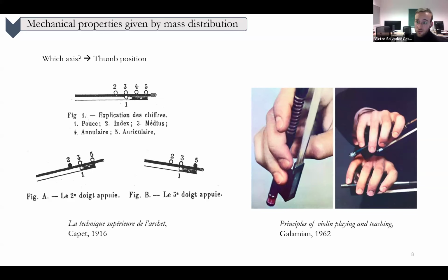But from what I have read in these books on bow making, the center of mass is an important parameter, and bow makers seem to vary the density of the winding material to reach the desired center of mass position.